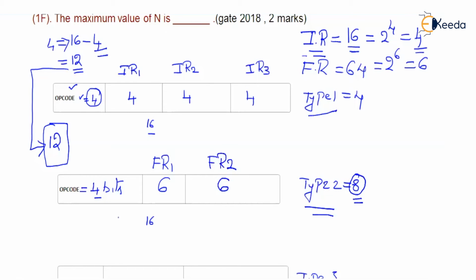So after designing 8 type 2 instructions from the available 12 combinations, I have 12 minus 8, which is equal to 4, still available, and we can use these 4 combinations to design type 3.